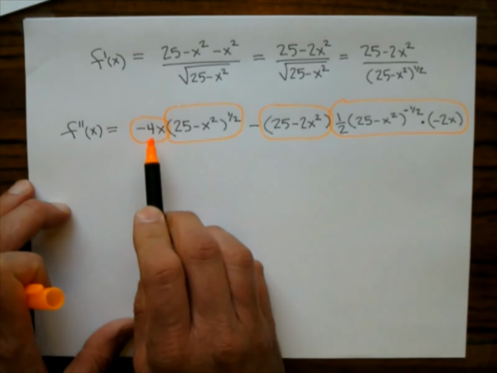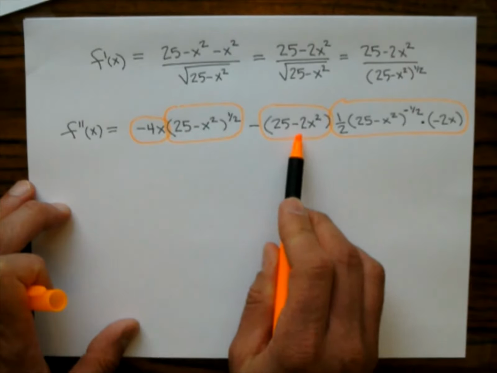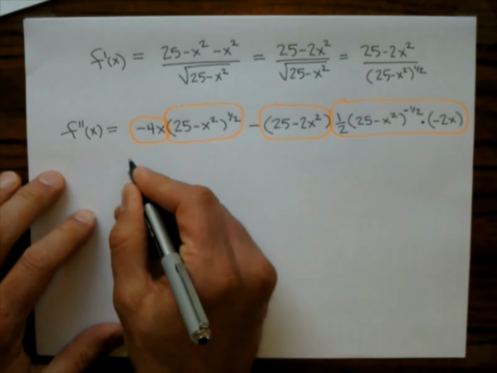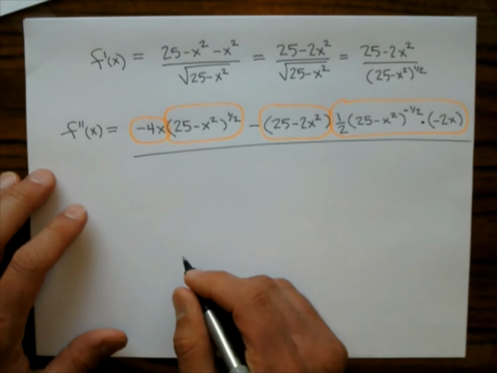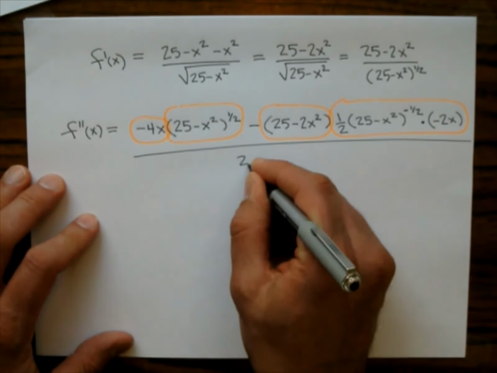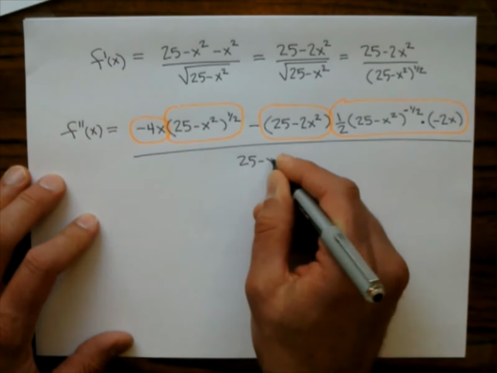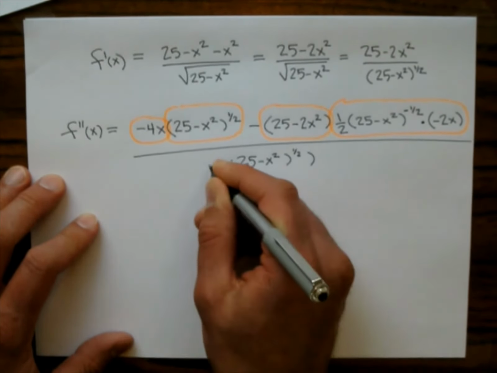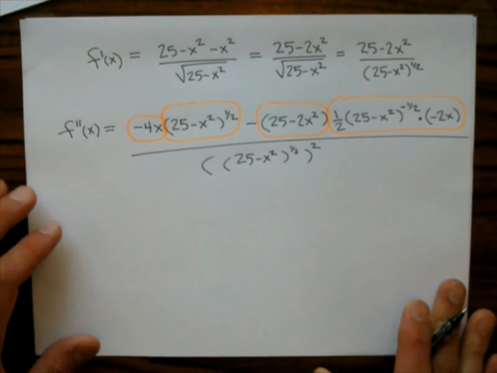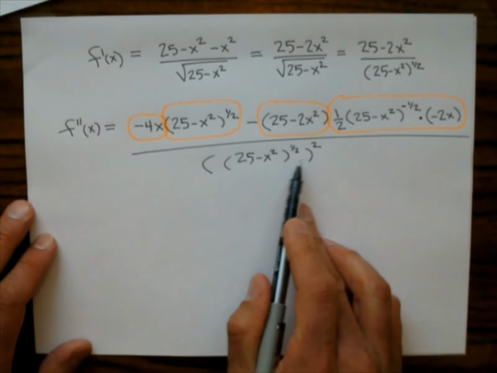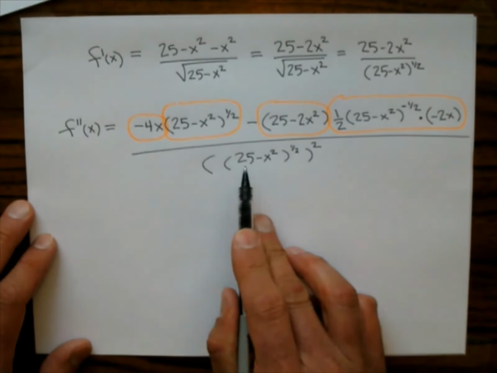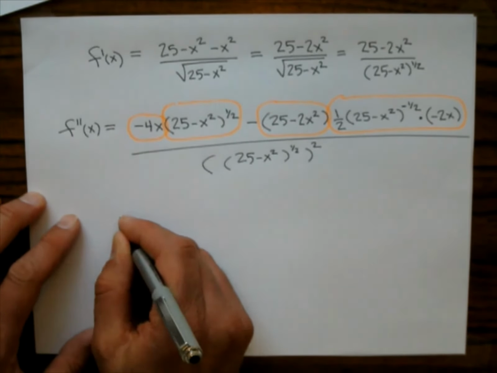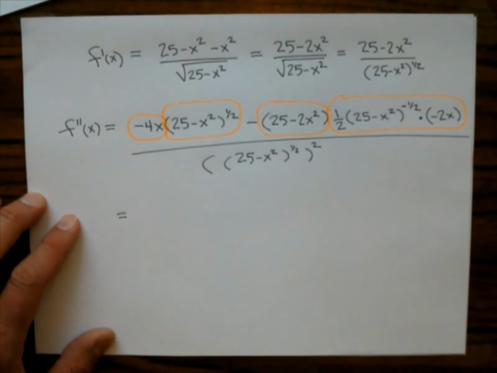So there's the derivative of the top times the bottom minus the top times the derivative of the bottom, all over the bottom squared. So this is 25 minus x squared to the 1/2, squared. Right away on the bottom, when we square that, we just have 25 minus x squared. Now on the top it's going to look a little different.